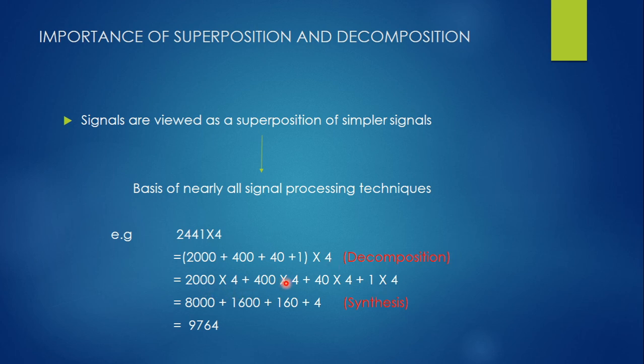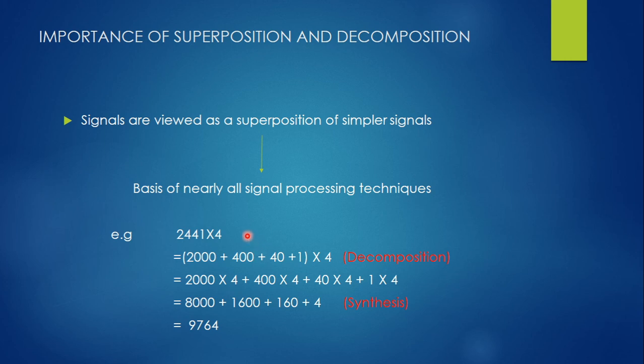2000 multiplied by 4, 400 multiplied by 4, 40 multiplied by 4, 1 multiplied by 4. These multiplications are easy. You get these signals and then you add up all these to get the output.